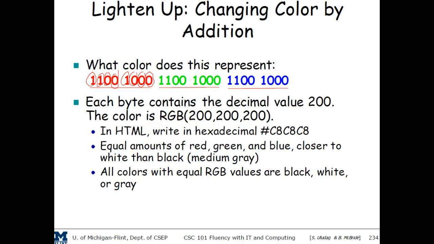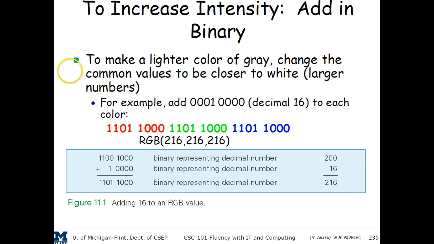So let's investigate how the computer actually can manipulate the bit pattern in order to get, in this case, a lighter colored gray. What we'll do is we'll take the bit pattern we just looked at, which is representing 200, and then take a bit pattern that represents the number 16 in decimal, and then add them together, and this is the bit pattern of 216.